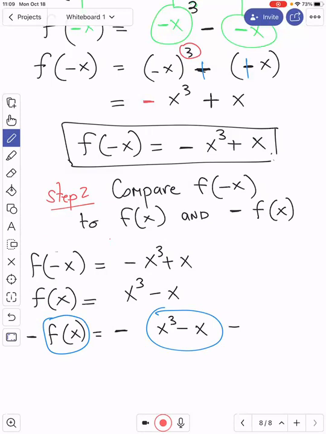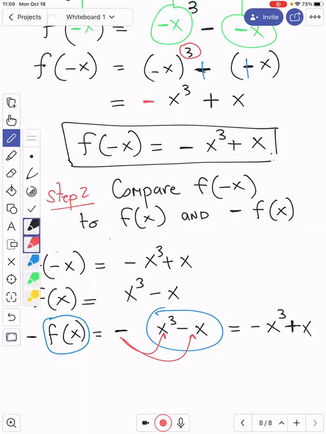So this is equal to minus x cubed, and then minus x will be a plus x. So minus f of x is minus x cubed plus x, because you have a minus outside your parentheses, so that will be a plus.